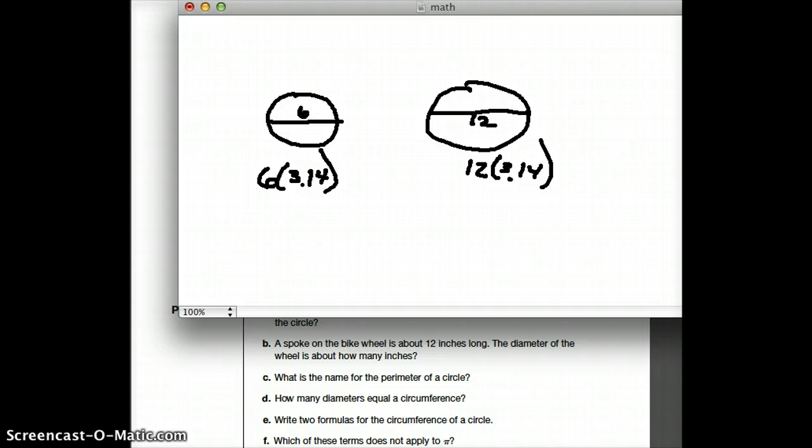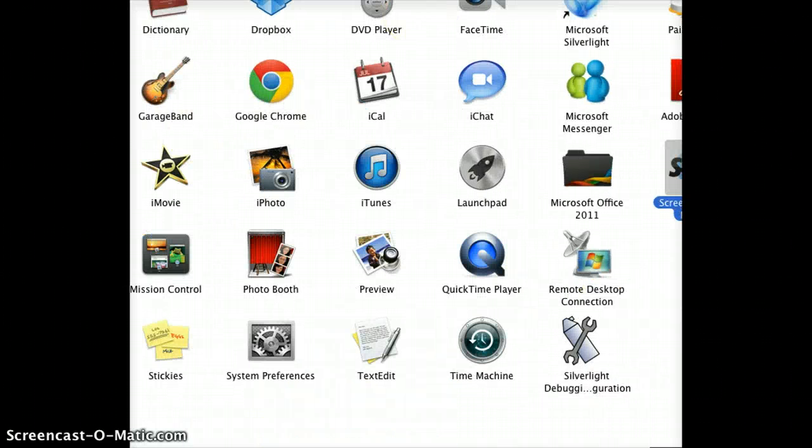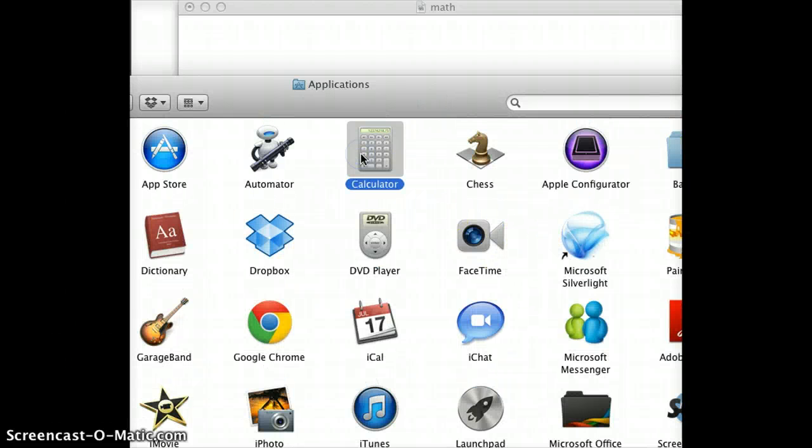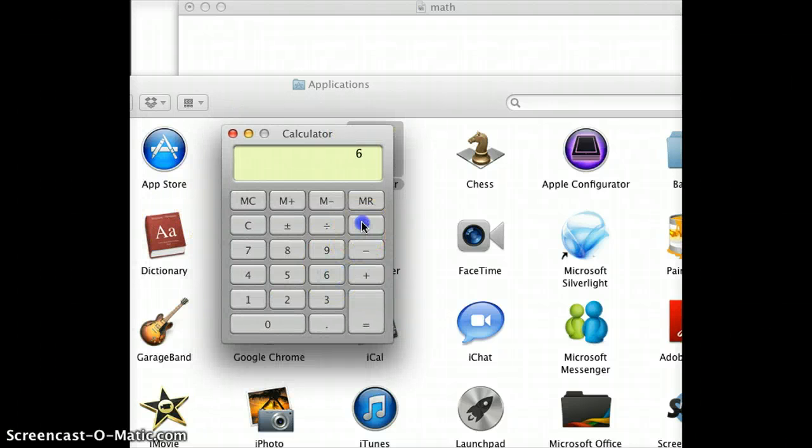Let me get my calculator. 6 times 3.14 is equal to 18.84, and 12 times 3.14 is equal to 37.68.